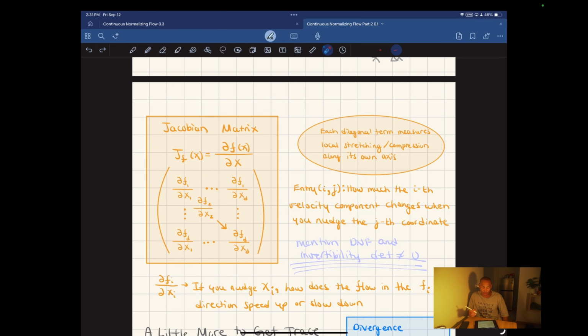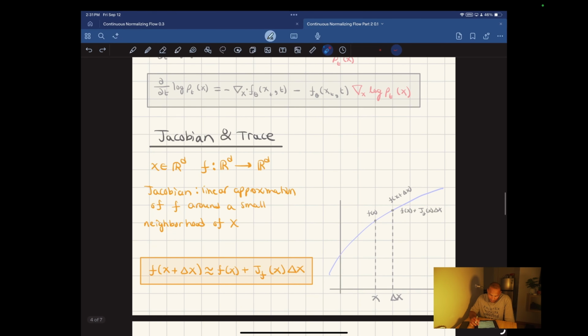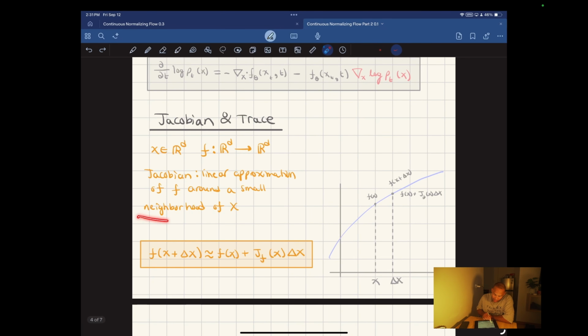If you remember from discrete normalizing flow, the last topic I covered, the Jacobian is a linear approximation of f. So if we have a map f that maps a vector space to a vector space, the Jacobian is a linear approximation of f around a small neighborhood of x.